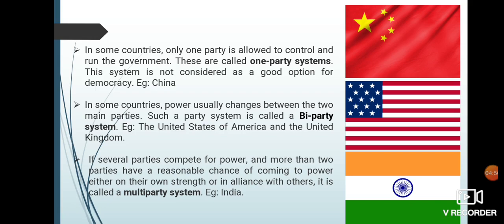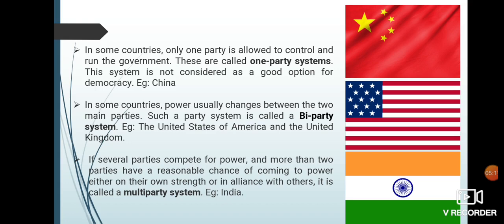As we see the example of China, where only the Communist Party is allowed to rule. Although legally speaking, people are free to form political parties, it does not happen because the electoral system does not permit free competition for power. And we cannot consider the one-party system a good option because this is not a democratic option.